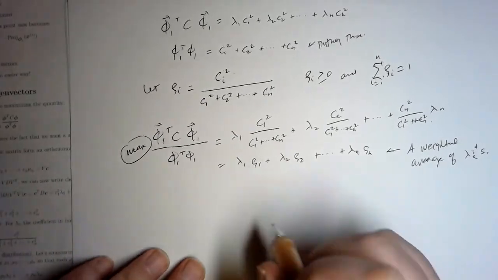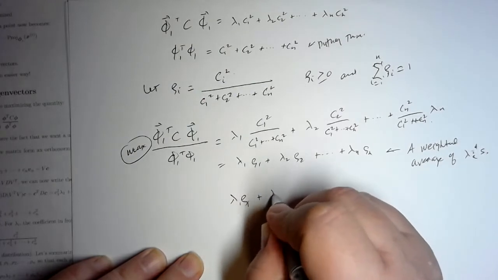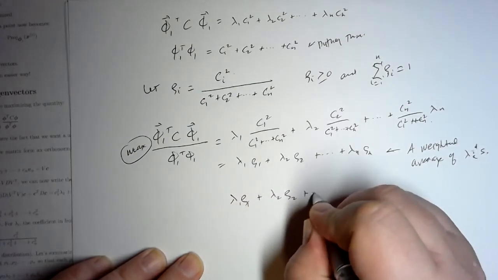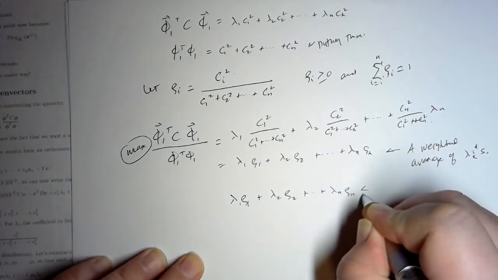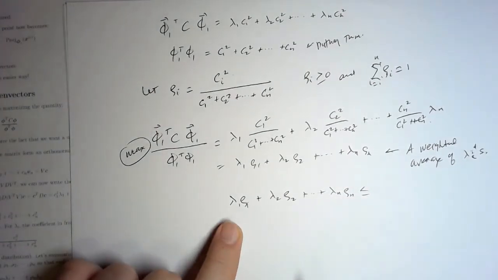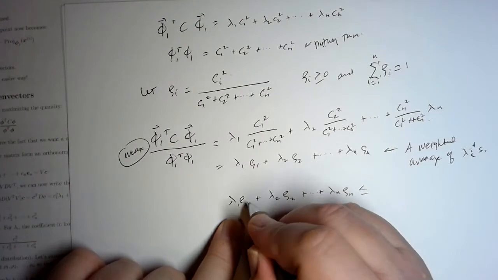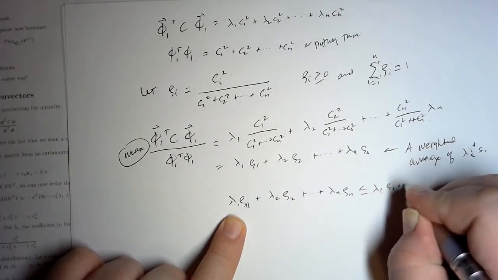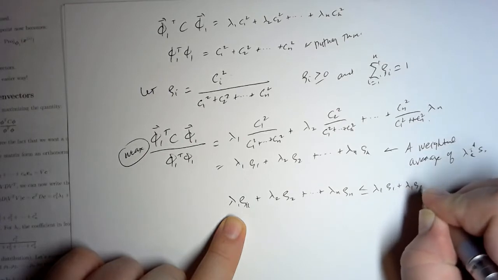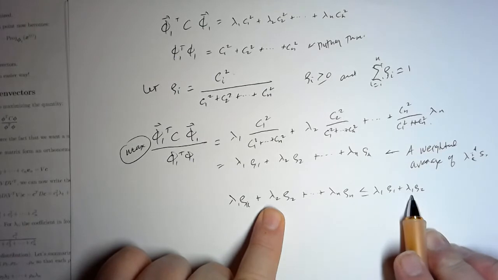Good. Now think about this. Suppose I've got lambda 1 rho 1 plus lambda 2 rho 2 plus lambda n rho n, and I want to find a bigger quantity than any of these. Well, what I can do is replace each of the lambdas by lambda 1, because lambda 1 is bigger than lambda 2.